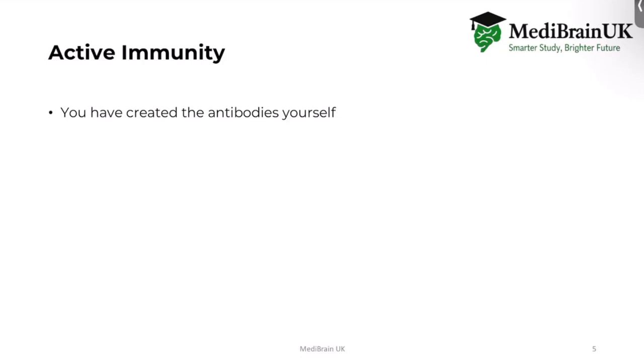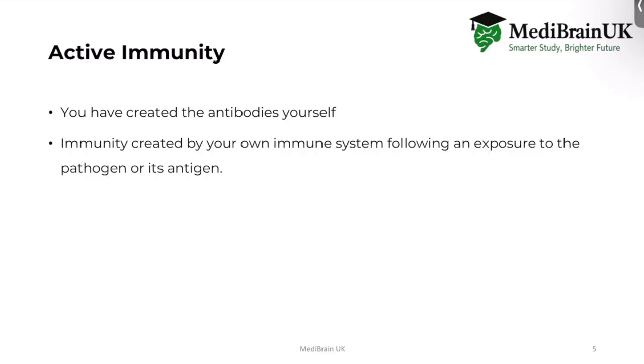Okay. Now, if you're creating antibodies within your body, that means you will have immunity because your body is creating the antibodies itself. Okay, because you've either been exposed to the pathogen or its antigen.